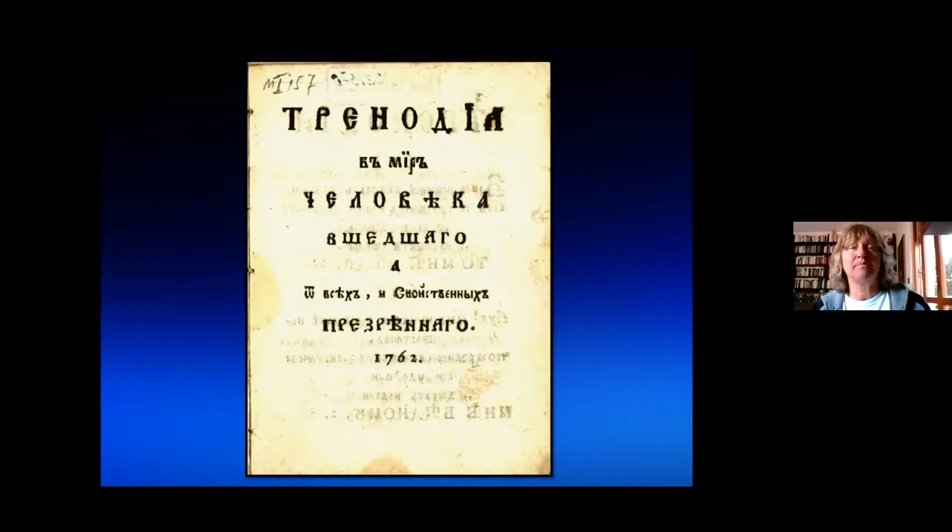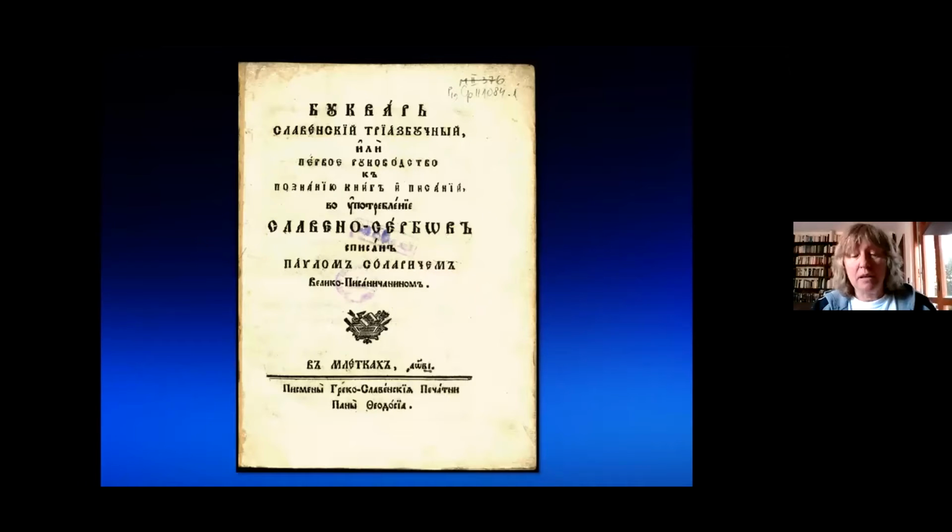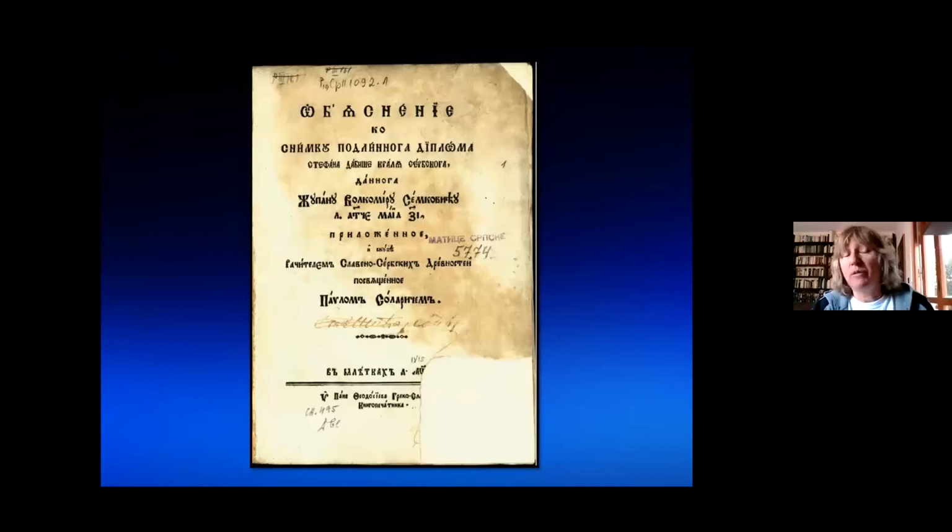Because, especially for the Orthodox, publishing in the West was not so acceptable in some way. So if they put the place of publishing, sometimes they just put Moscow, for example, so it was fake. We see another primer, and here again we see the first philological text.